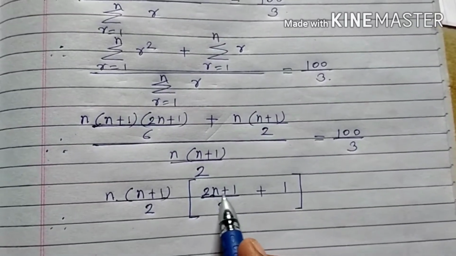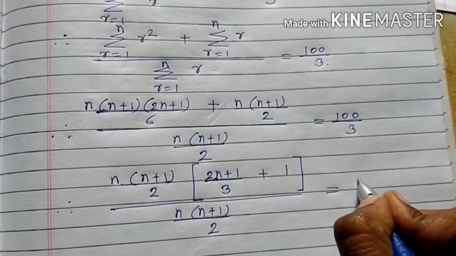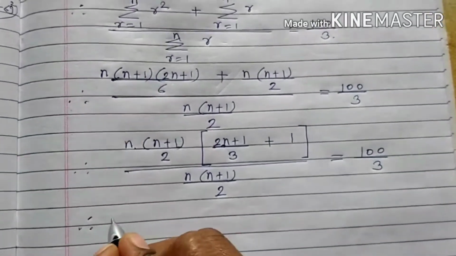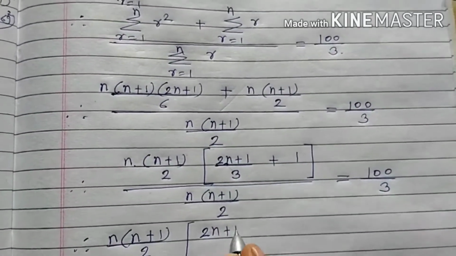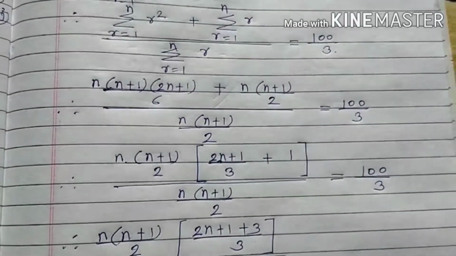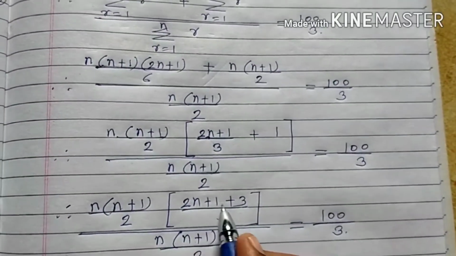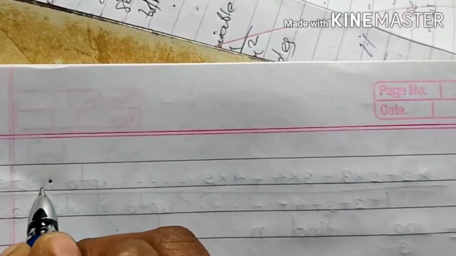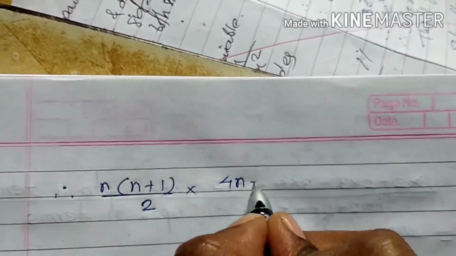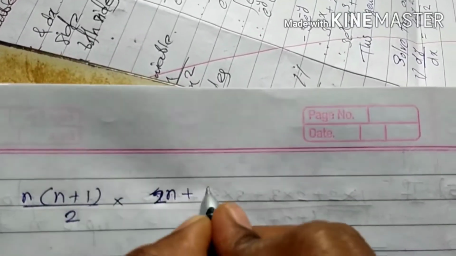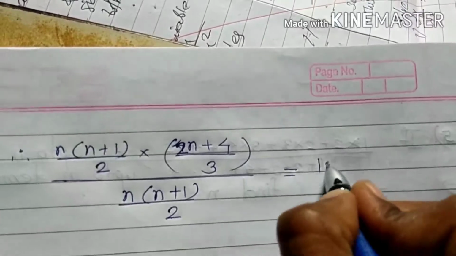So remaining terms (2n+1)/3 plus 1, upon n(n+1)/2, which is equal to 100/3. Now, 2n+1+3 upon 3, so 2n+4 upon 3, upon n(n+1)/2, which is equal to 100/3.